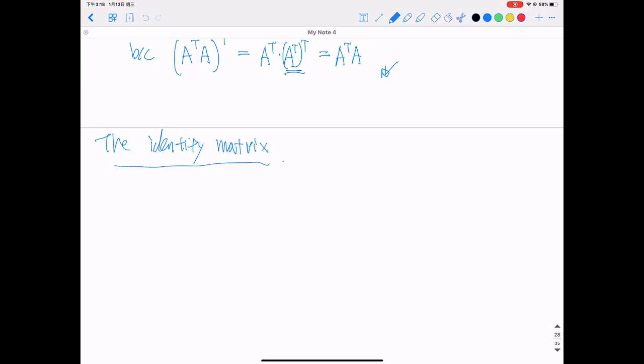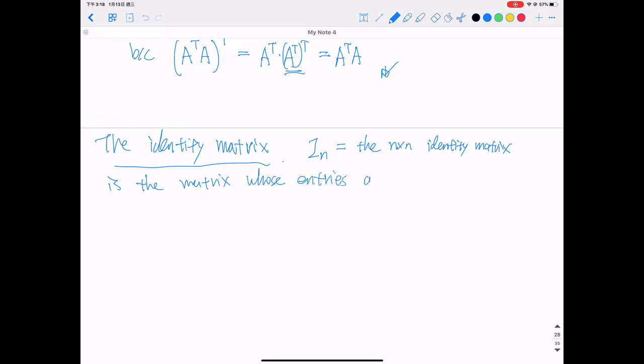It's just some matrix I_n, which is called the n by n identity matrix, is the matrix whose entries are given by I_n of ij.